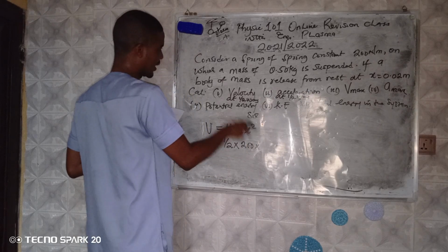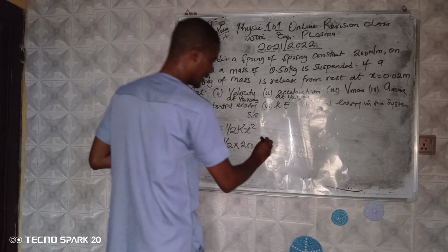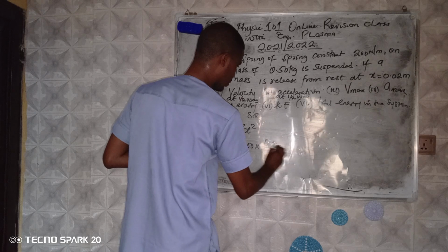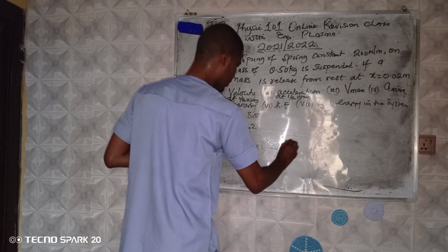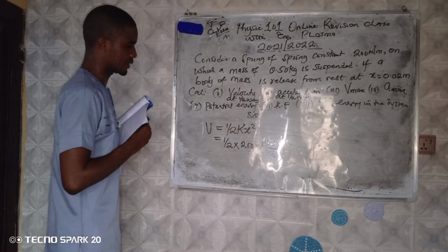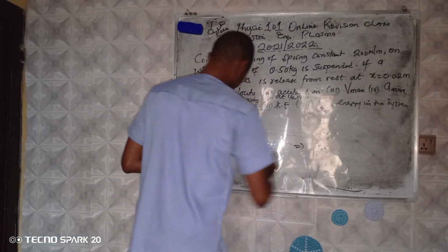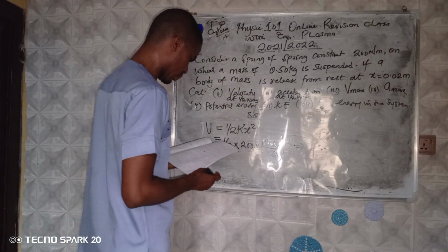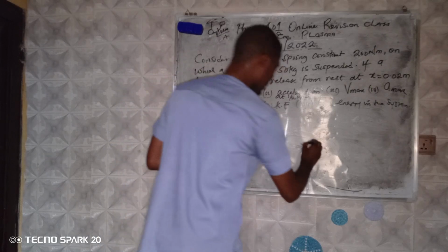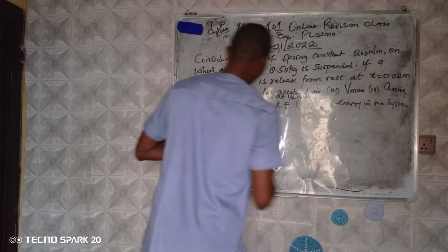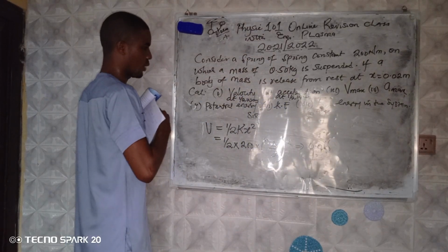X is halfway in this question, 0.02 over 2, all squared. Then you are going to get your what? Potential energy. And this will give you potential energy, according to what I have here, of 0.01 joule.